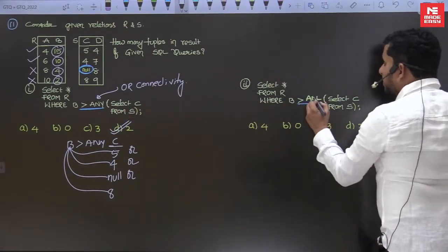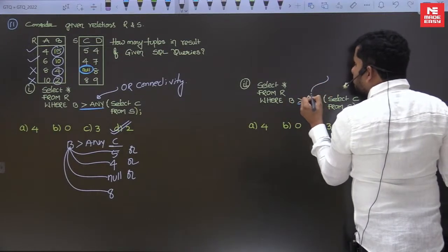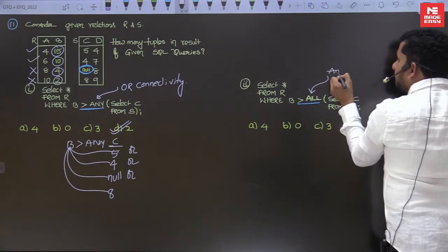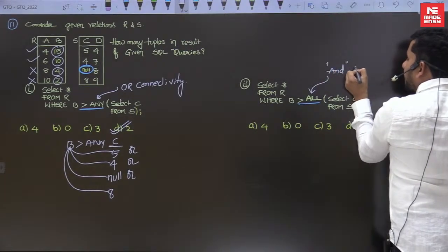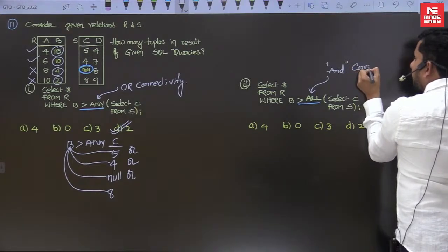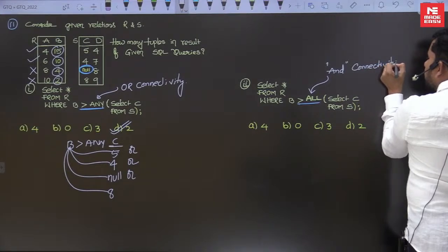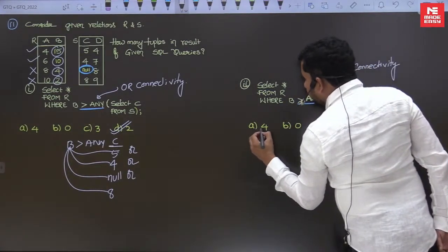Okay, but when it comes to the second question, the all function behaves like AND connectivity between all the values of inner query result. Okay, AND connectivity between all the values of inner query result.